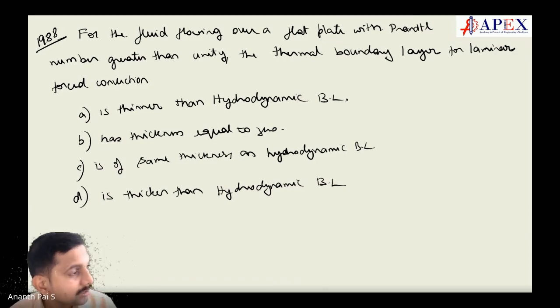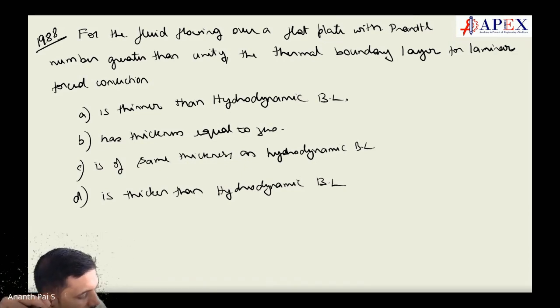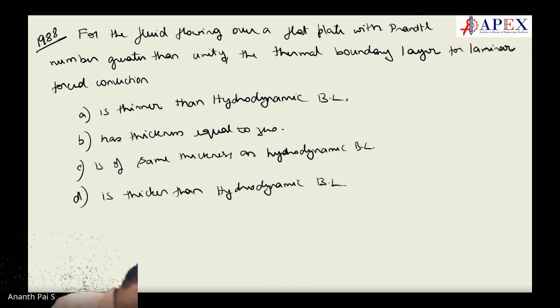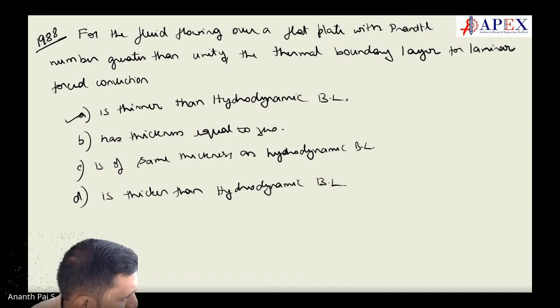Simple, easy. These kinds of questions have come. They have given the fluid flowing over a flat plate. The thickness of the thermal boundary layer would be, yeah, this would be very easy. Next question. This is A. I hope everybody got this. We explained this last time. These are simple questions that come.